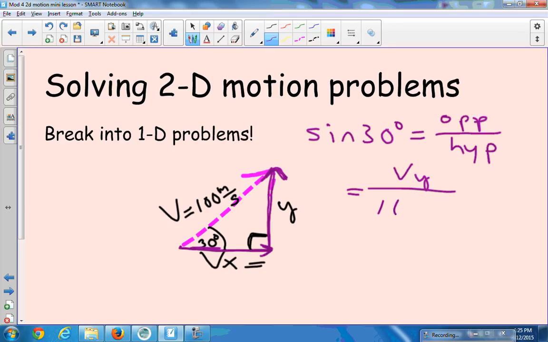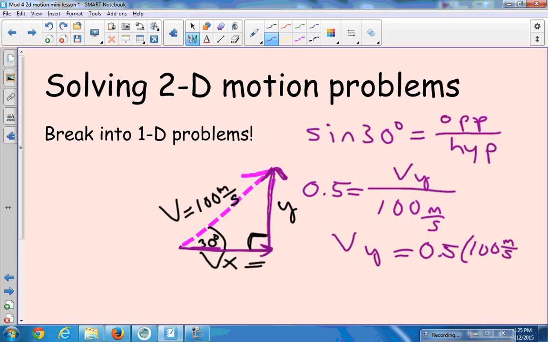That's the long side. And sine of 30 on my calculator is 0.5. You may remember that's a special triangle. Maybe not. Get a calculator, use it. That's fine. So now if I multiply this out, I end up with Vy, or the vertical component, is 0.5 times 100 meters per second, or I think we can probably handle that, 50 meters per second vertical.